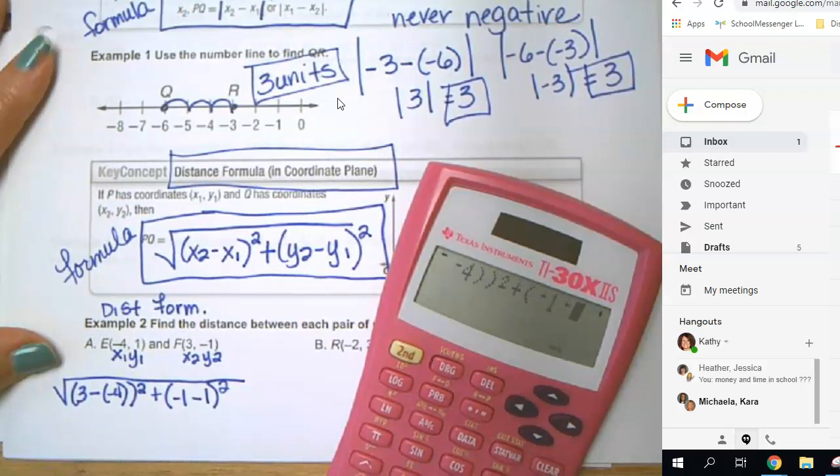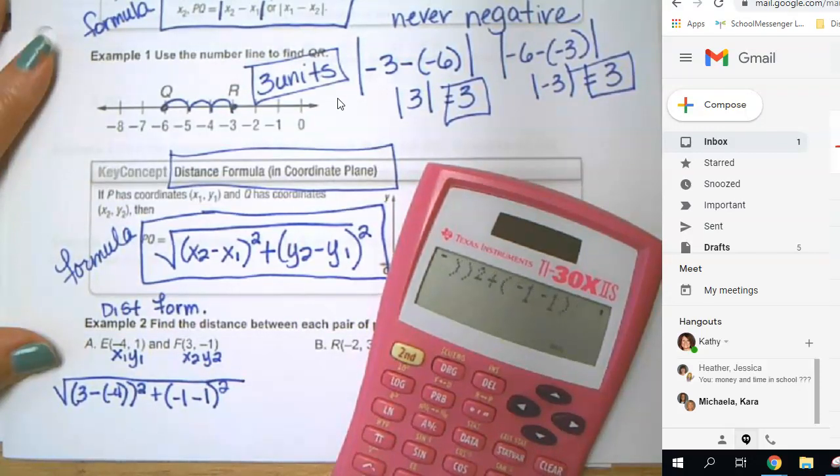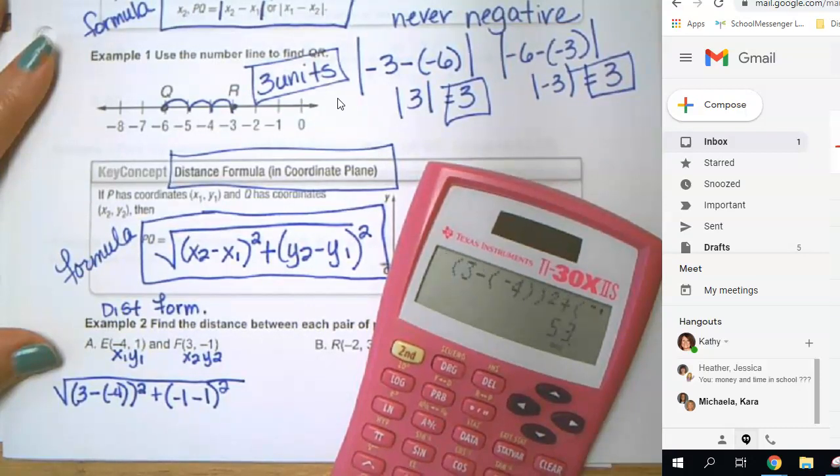If you make one mistake, you get a syntax error. So what did I do? 3 minus -4 squared plus -1 minus 1 squared.